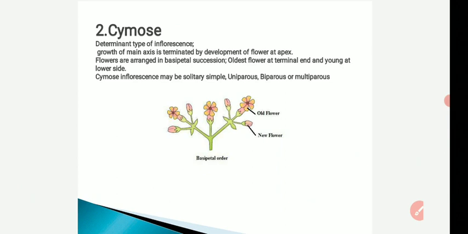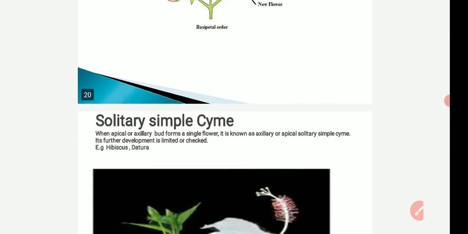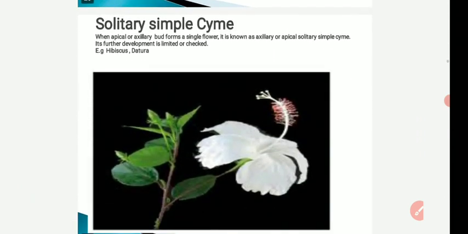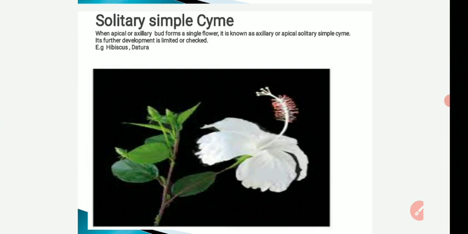Now let's see what the different types of cymose inflorescence are. First of all, we will discuss solitary simple cyme. Here the example is hibiscus or datura. You might have observed the flower of hibiscus, a single flower produced on a peduncle.